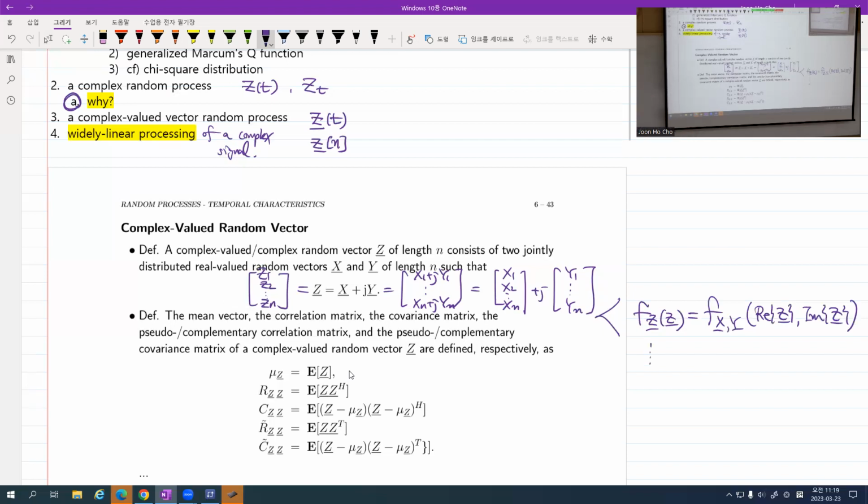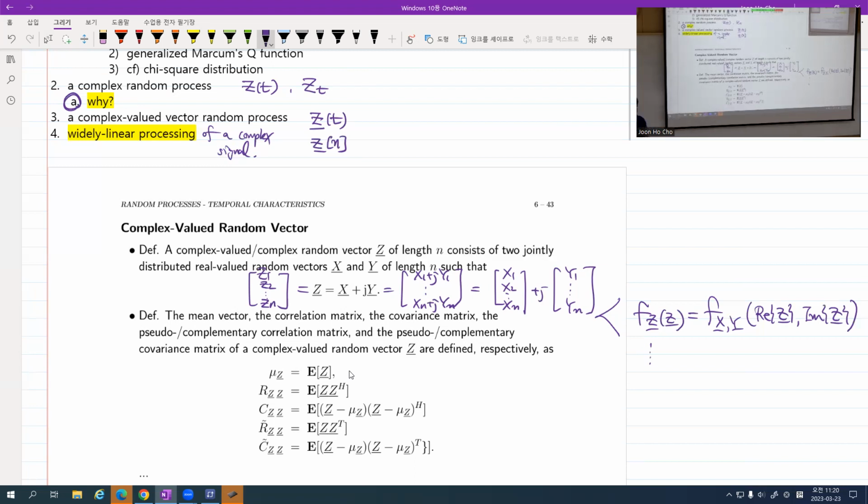Very simple. Now, given that, we define the expectation or ensemble average of the random vector. First, here goes the mean vector, the same notation as before. And from this definition, we can easily see that the mean vector of a complex valued random vector is simply the mean vector of the real part plus j times the mean vector of the imaginary part. Now, let's consider a correlation matrix.